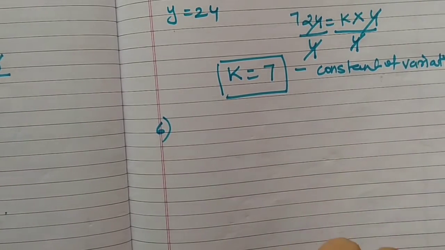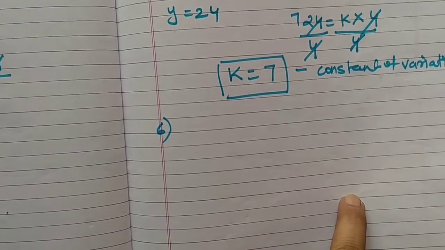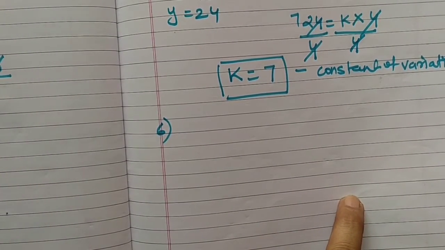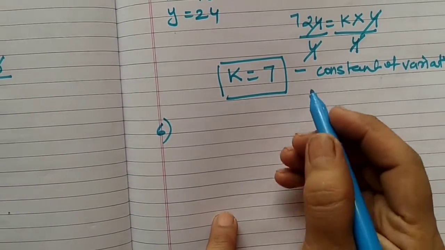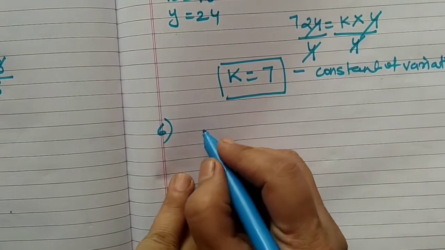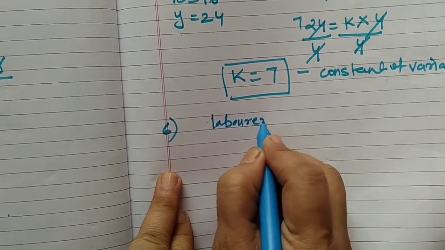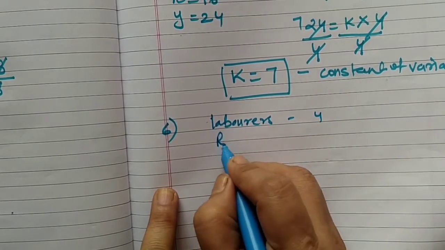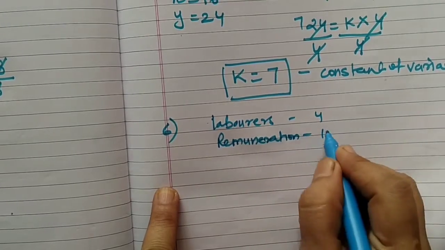If two are working, then they will get 200 rupees in total. In the same way, as the number of laborers changes, the amount of remuneration also changes. Now what is given here? The remuneration of 4 laborers is rupees 1000. Laborers are 4, and remuneration, that is payment, is 1000.